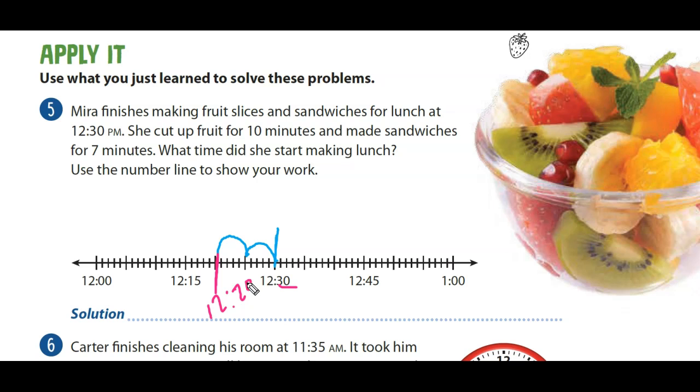So I'm counting by ones. 1, 2, 3, 4, 5, 6, 7. So what time is here? It's 12:20 minus 7, 13. So what time does she start making lunch? 12:13.